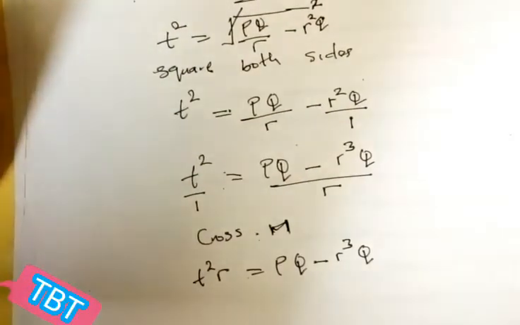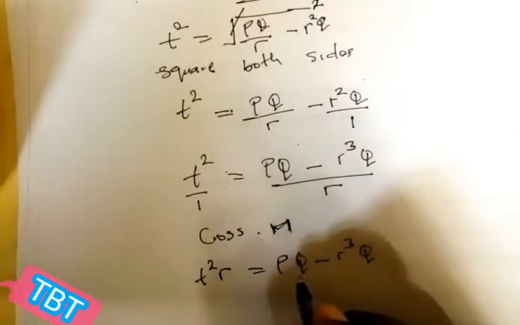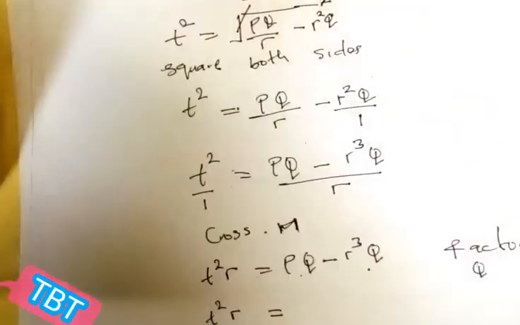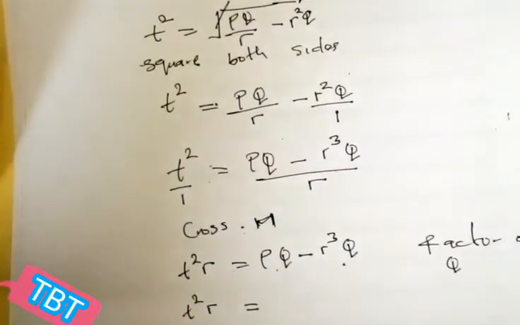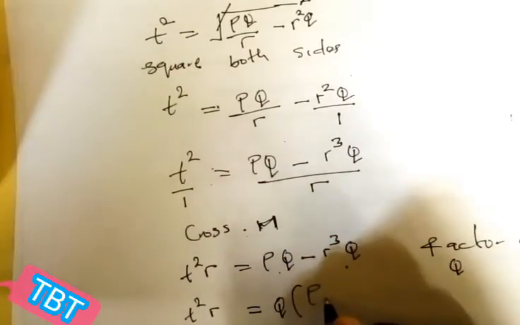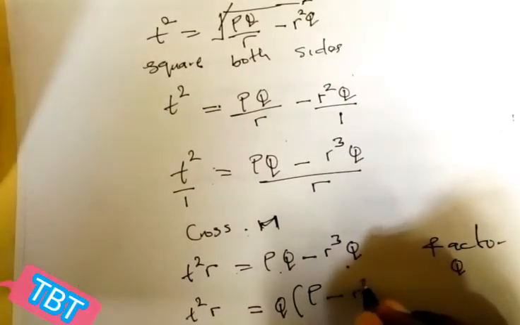Now looking at this problem, my targeted variable, we remember, is Q, and Q is common on both sides. So T squared R is equal to, I'm going to factor out Q. When I factor out my Q, I have Q into P minus R cube.